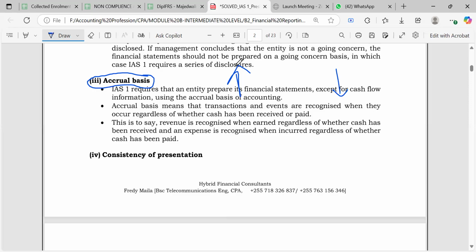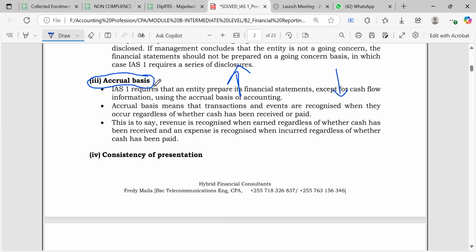If a month passes, even if I'm yet to pay the landlord, I would say that I've incurred the expenses of 100 dollars. So we recognize revenue when earned, even if the cash is not yet received. And we recognize expenses when incurred, even if not yet paid. Just like you're saying, right?